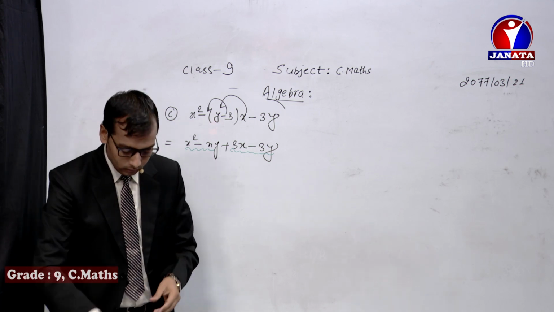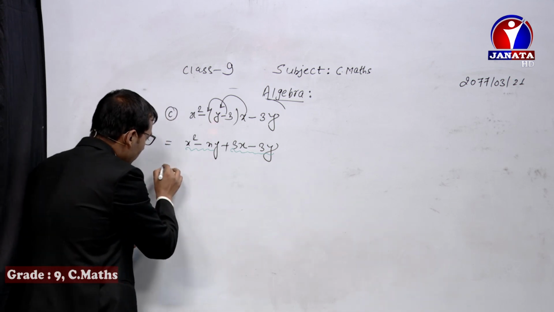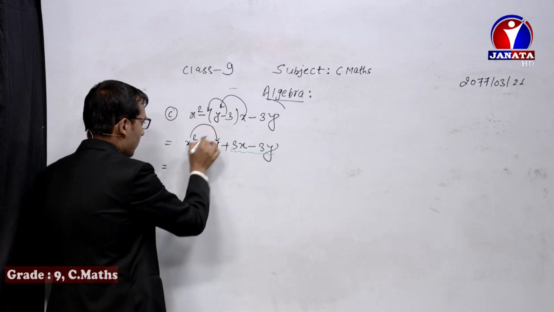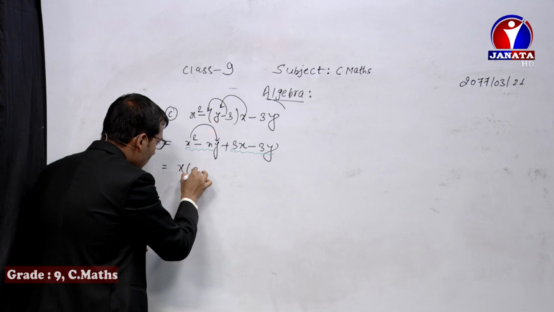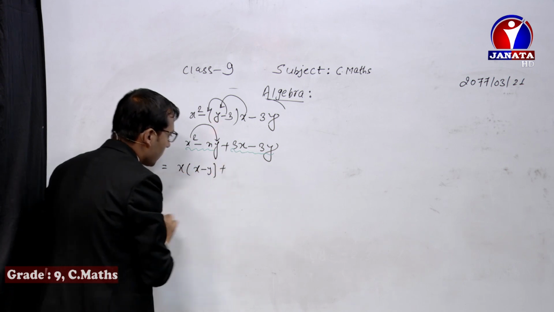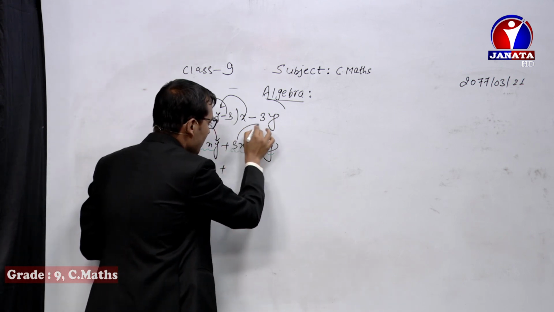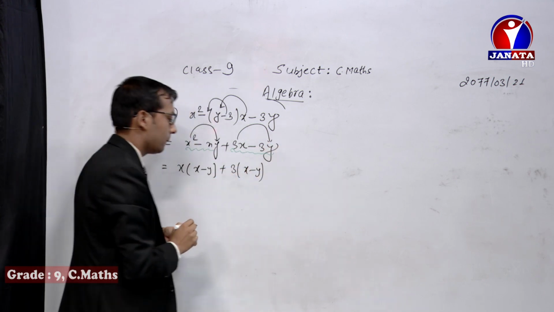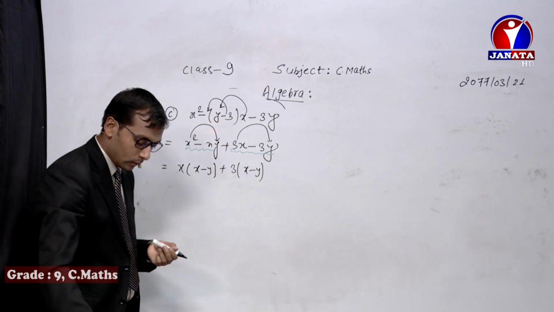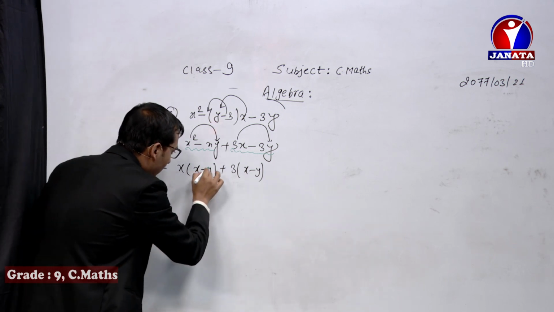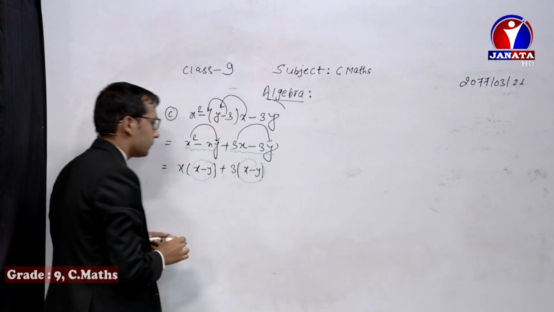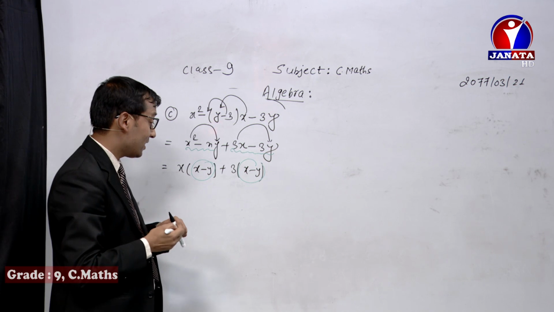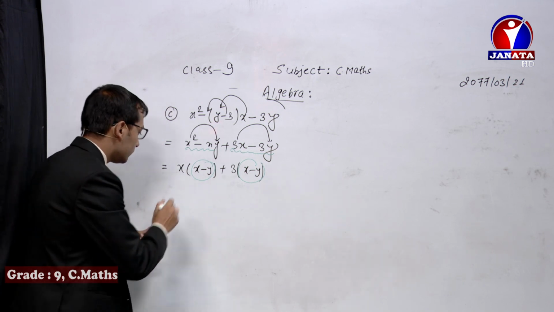What is common from x square and xy? Here x is common: x times x minus y, plus what is common from 3x and 3y? 3 is common: 3 times x minus y. Again, so x minus y is a common factor. x minus y is a common factor, so we can take x minus y common.